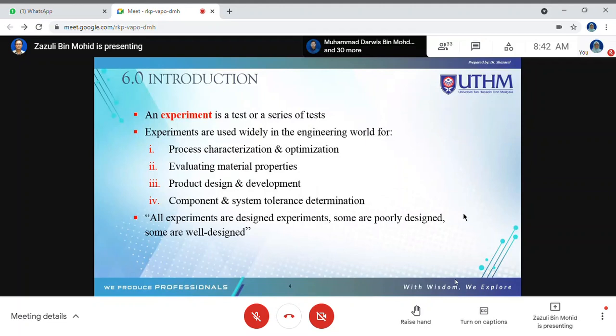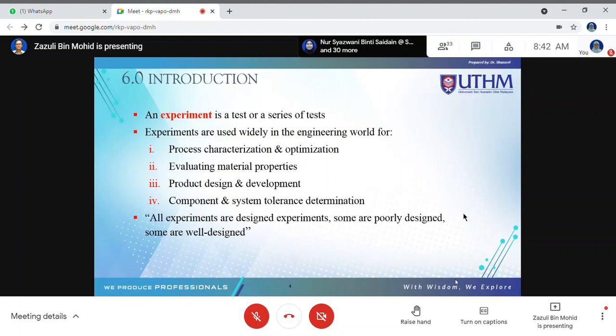So experiments need to be conducted, especially in the engineering field. One is to characterize the process, the design, the product.